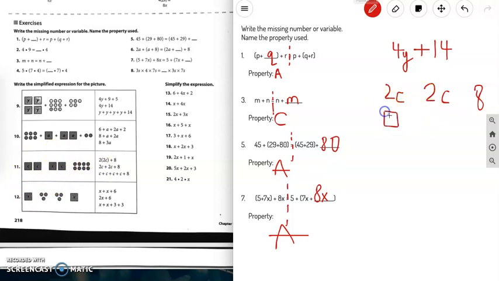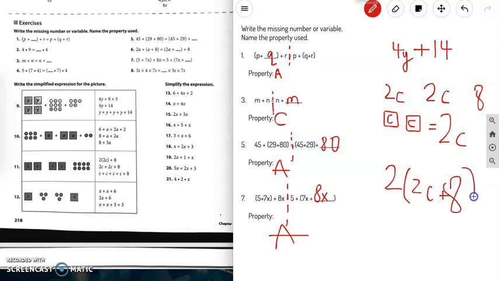So in other words, if this equals 2C, how many of these do we have? We have 1 and 2. That's how we're going to multiply it. Into 2, and then 2C plus 8.